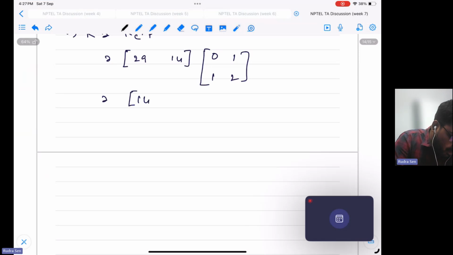So it's 14, and 29 plus 14 is not right, it's 29 plus 28, which is 57.